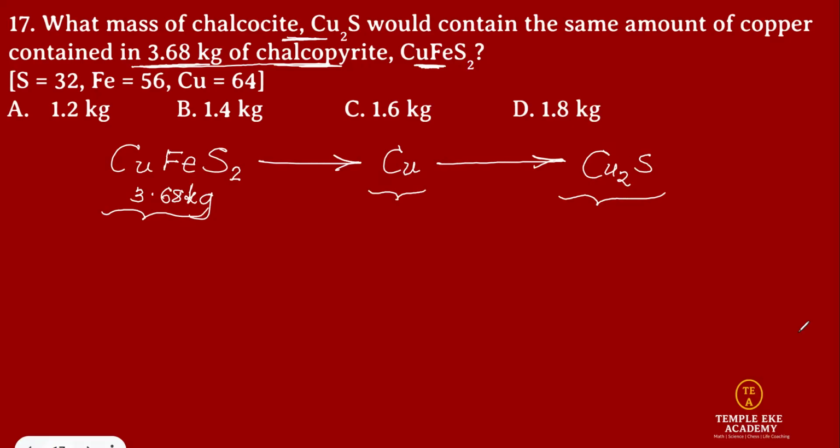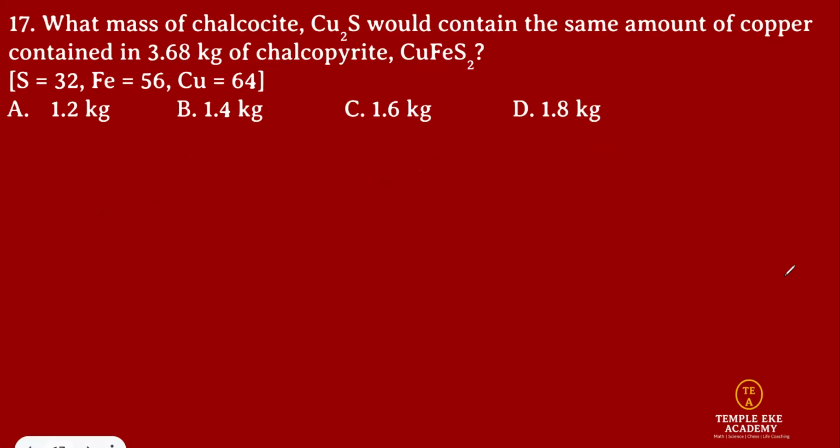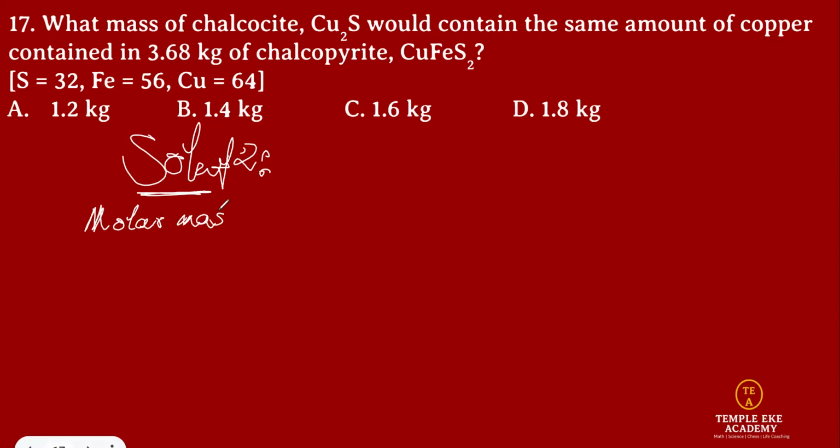We'll start straight off with the calculation of the molar mass of each of these ores so that we can make use of them in due course. Solution, let's go. Now the molar mass of the first one, molar mass of Cu2S. We're going to make use of the given relative atomic masses.